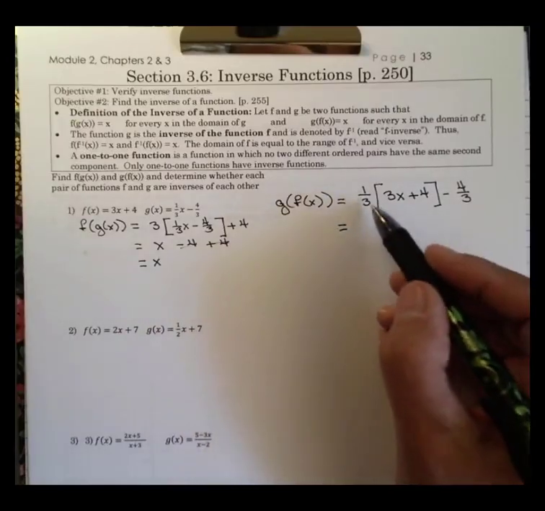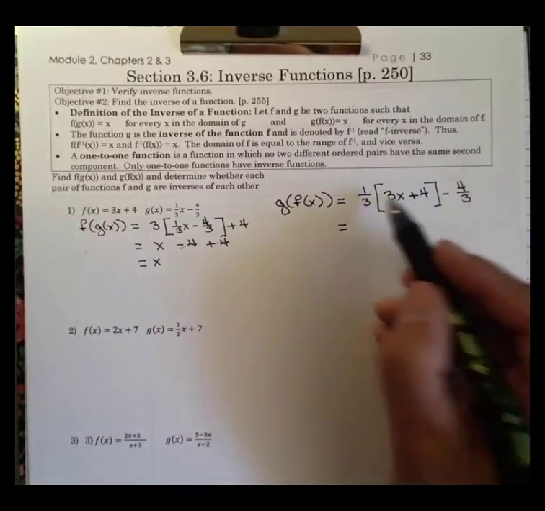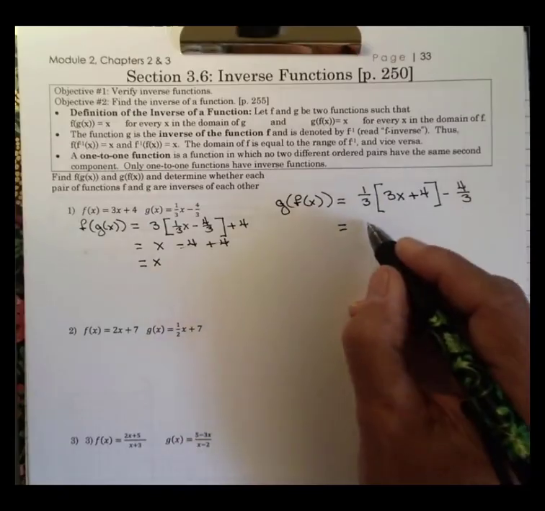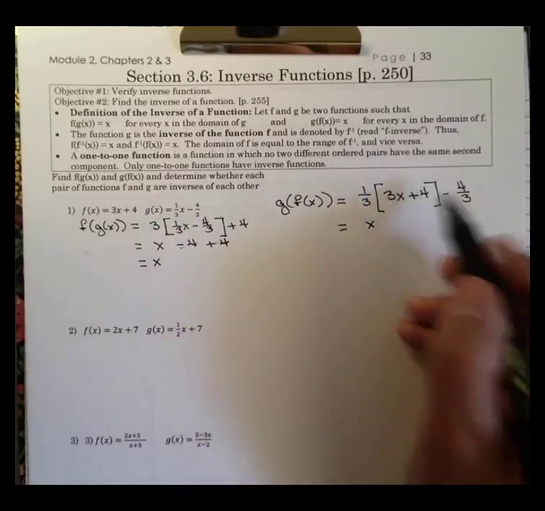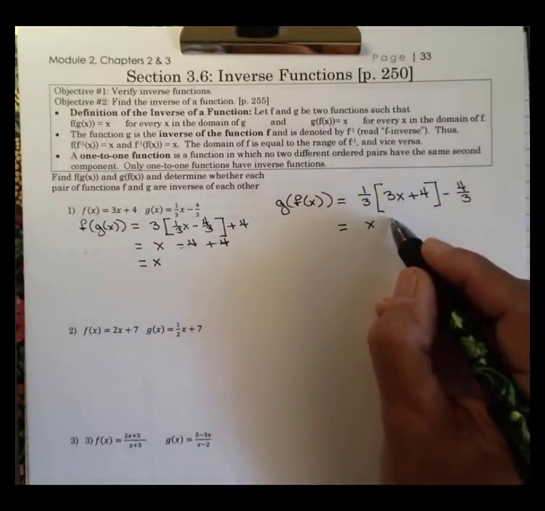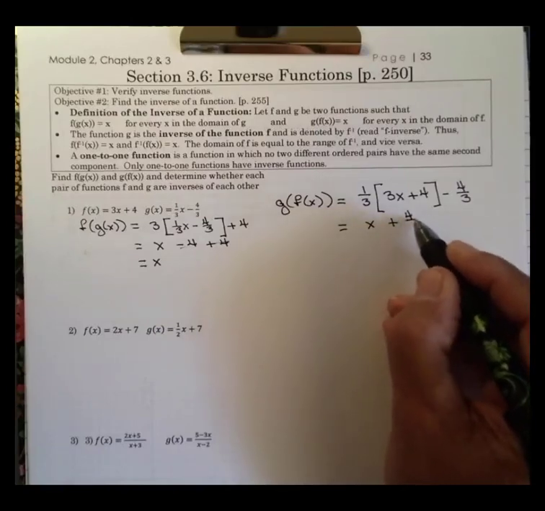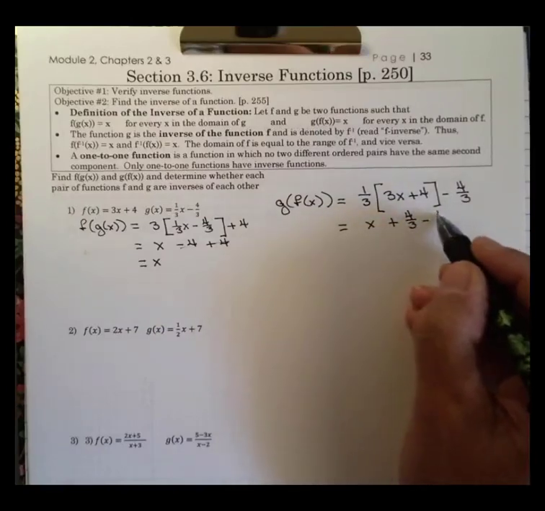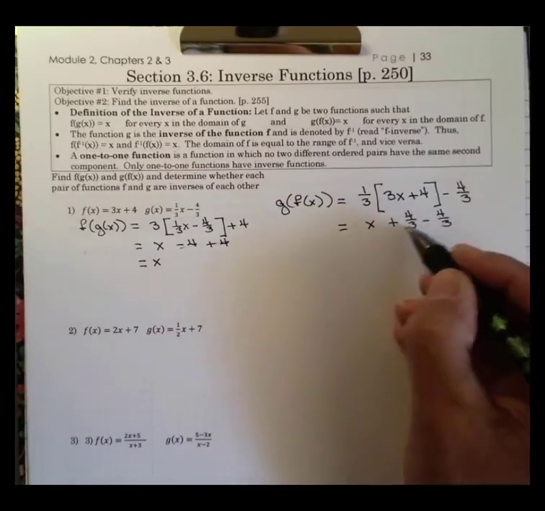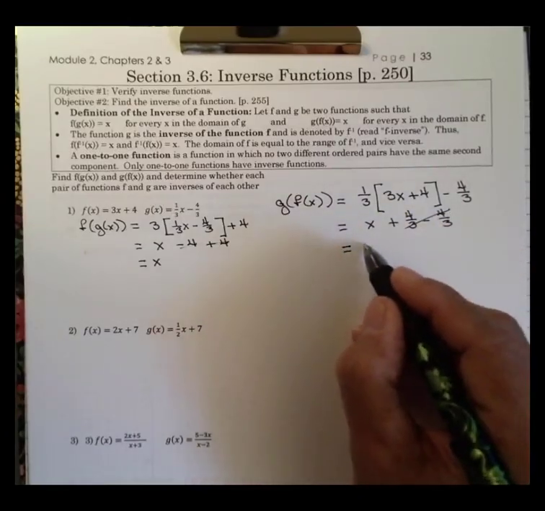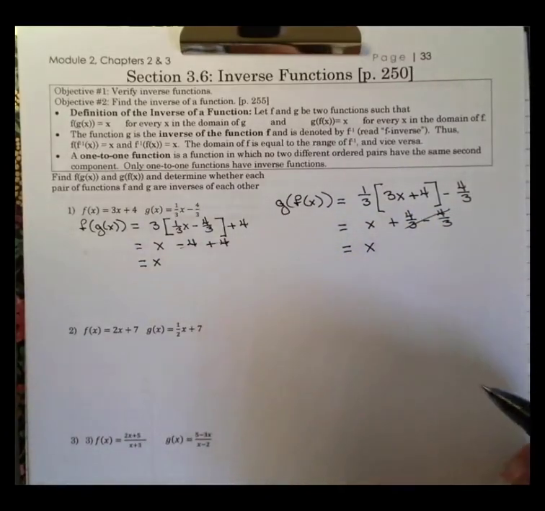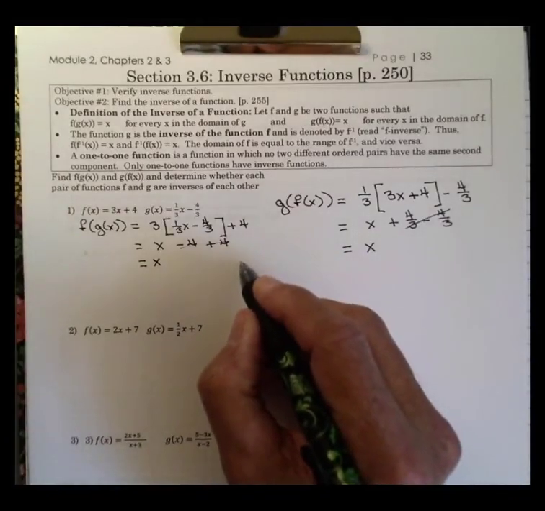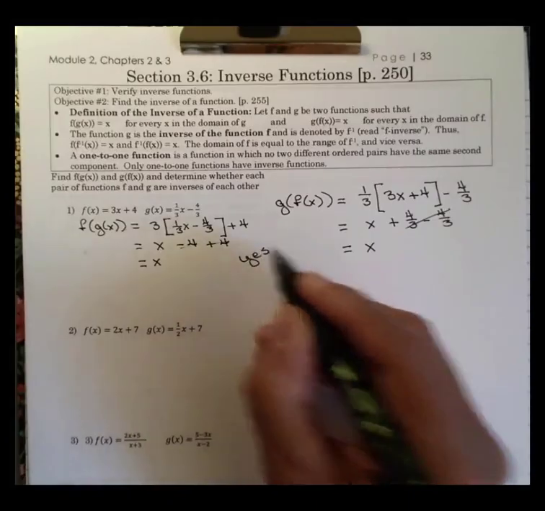And then I'll do some multiplication. I'm going to distribute this 1/3. 1/3 times 3, well, that's just 1x, isn't it? And 1/3 times 4 is going to give me my positive 4/3. And then, of course, I bring down my negative 4/3. These two will cancel, and this is equal to x. Both of the compositions came out equal to x. Therefore, I can say, yes, they are inverses of each other.